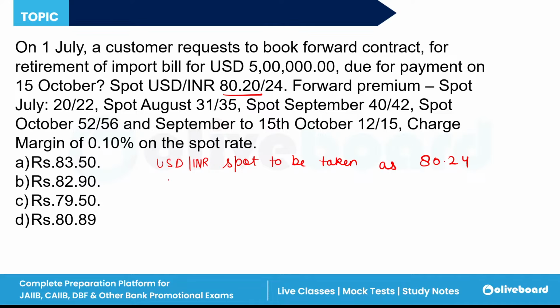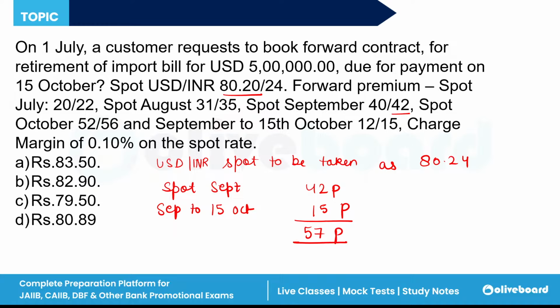And what is premium payable on spot September? This is here 42 paisa, right? And for September to 15th of October, it is 15 paisa. So what is the total premium here? That is 57 paisa, right?